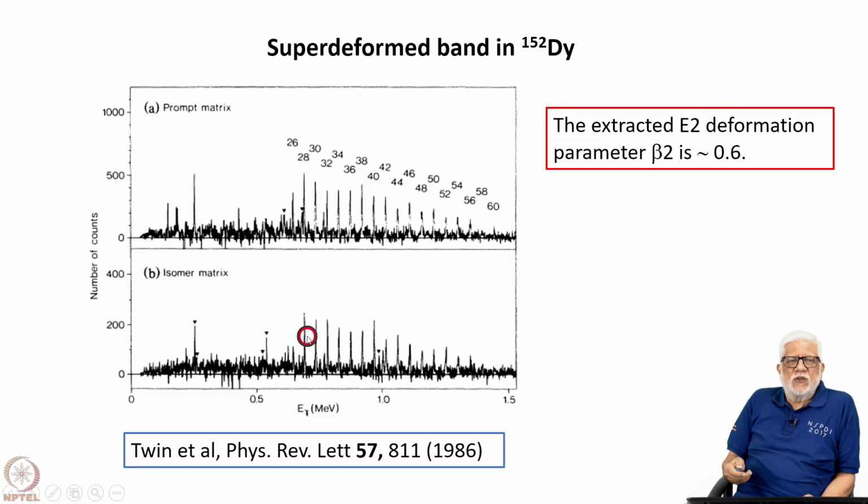Okay. So, this has a larger moment of inertia as well, and the BE2 is much larger than that for normal deformed nuclei. Normal deformed nuclei, we saw the BE2 was about 200 times single particle, whereas this is as much as 600 to 700 times single particle. So, this is a very large deformation, and this is the reference. This was done almost 40 years ago.